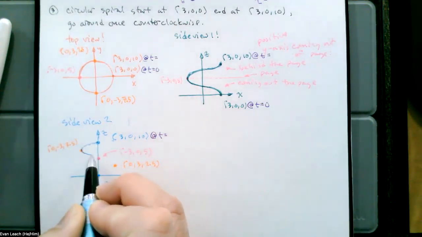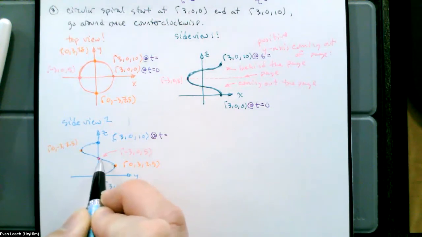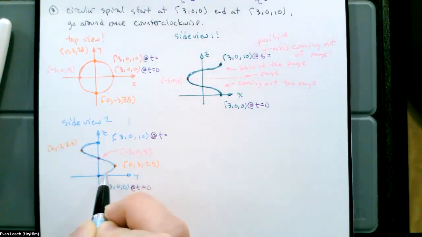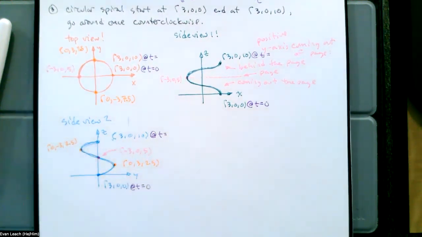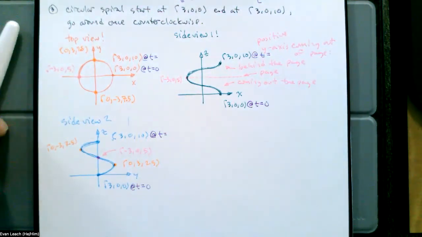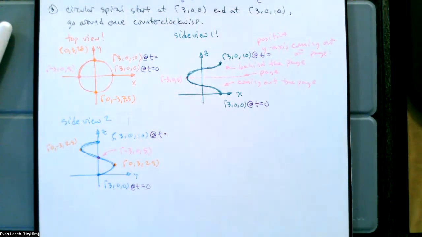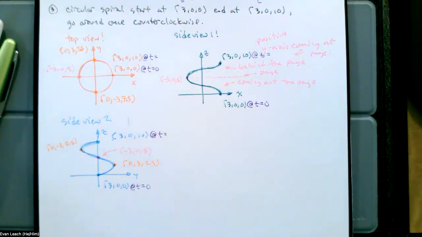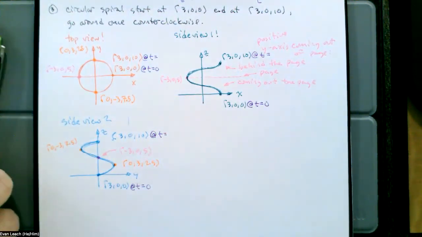So it makes sense that from the YZ perspective, I end up with this sine graph. Any questions?